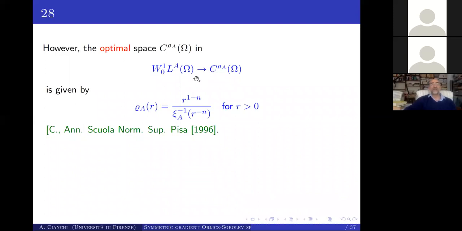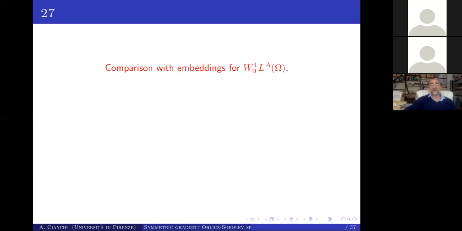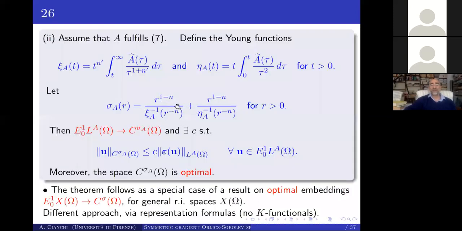For instance, the problem for the full gradient space, I considered in this paper of mine in '96. And it turns out that the optimal modulus of continuity is given by the function rho.